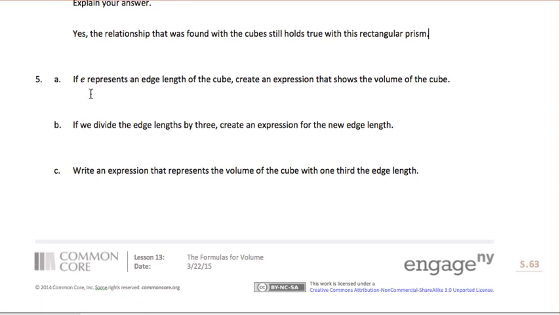So then we'll translate that into an expression. If E represents the edge length of the cube, the volume of that cube then would be E to the 3rd power. If we divide the edge lengths by 3, then we would have 1/3 E, or E divided by 3.